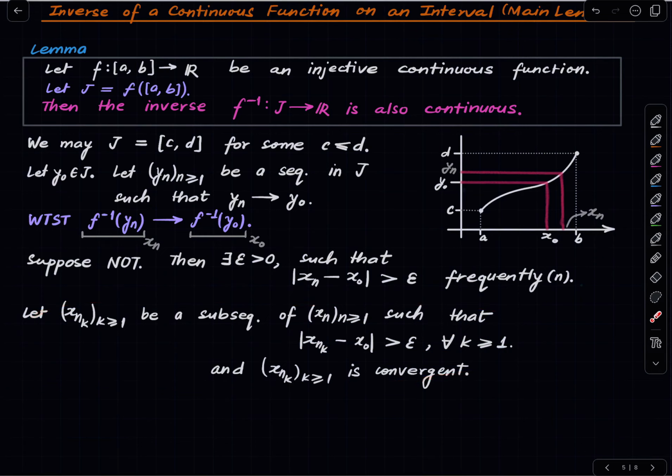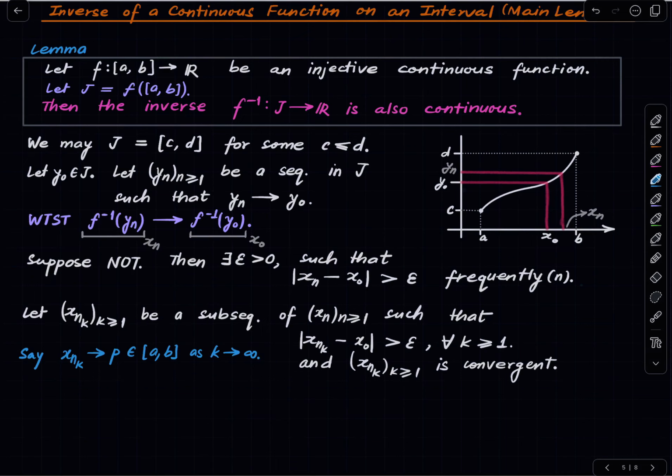Okay. So now say x_{n_k} converges to a point P as k goes to infinity. Since it is a convergent sequence, it has some limit. And since a comma b is a closed interval, and each x_{n_k} is in a comma b, the limit will also be in a comma b.